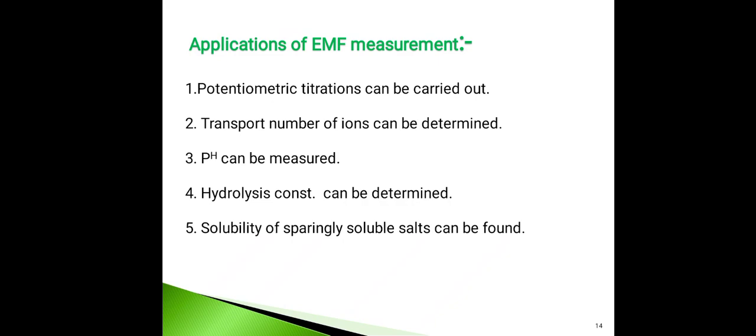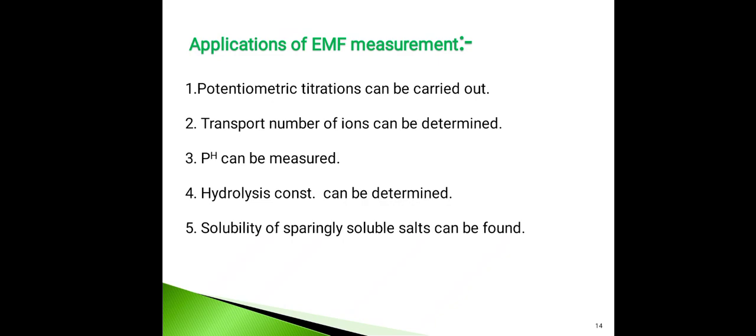The unknown cell is connected to the long wire on the A side, and in turn connected to the galvanometer, and the galvanometer is connected with the potentiometric wire.